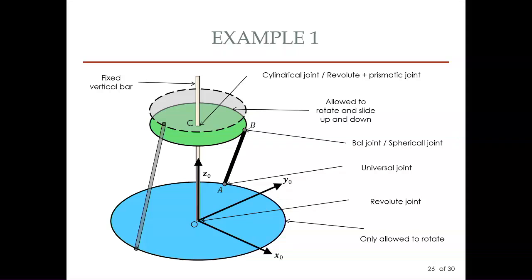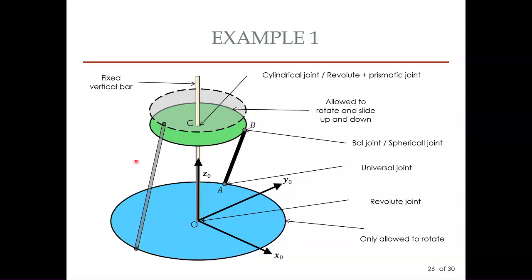And we went through these examples, and I wanted to just finish with this example. I changed the slide, the writing, because it wasn't clear. If you look at this mechanism, I didn't go through it. What is here? This is a blue disc that can only rotate around this vertical pole.